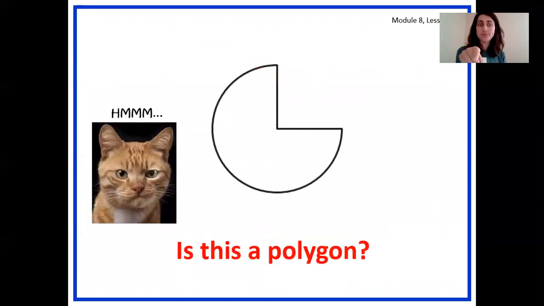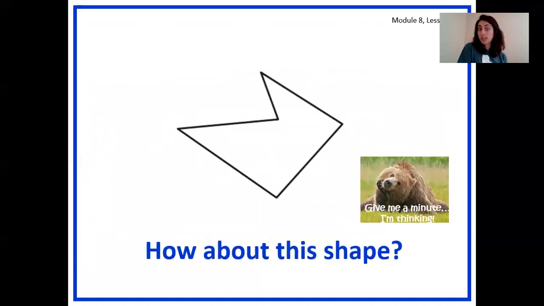Is this a polygon? Is it a polygon? No. What attribute is it missing? It's missing straight sides. How about this shape? Is it a polygon? Yes, it's a polygon because the sides are straight, because it has straight lines on the sides, and it has the same number of sides and angles, or same sides and corners, and we can call those corners angles.